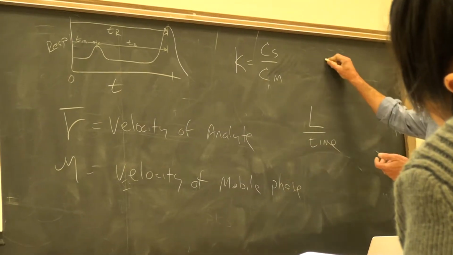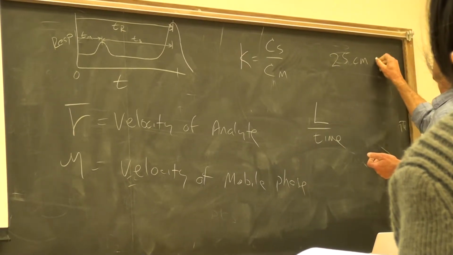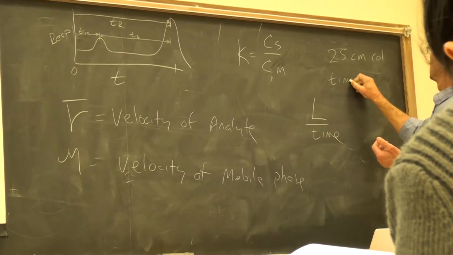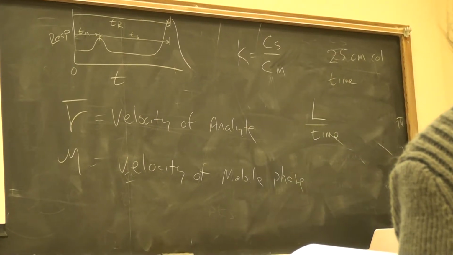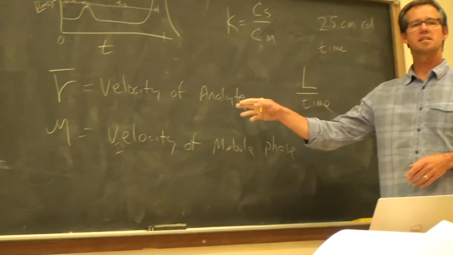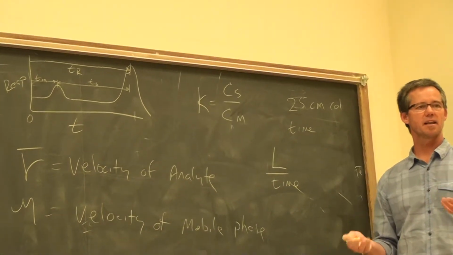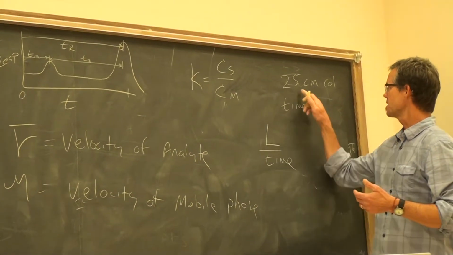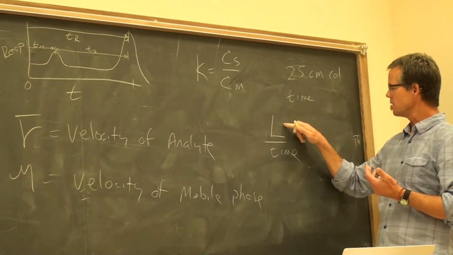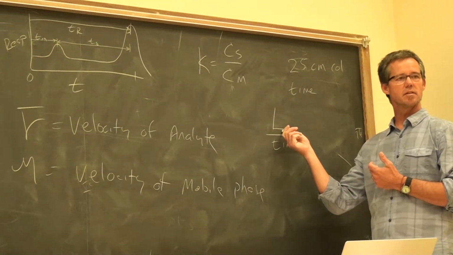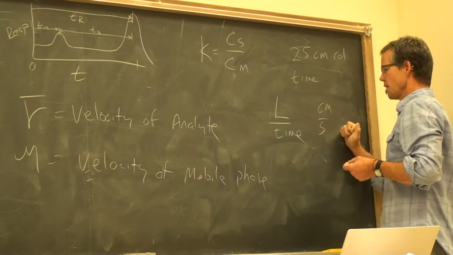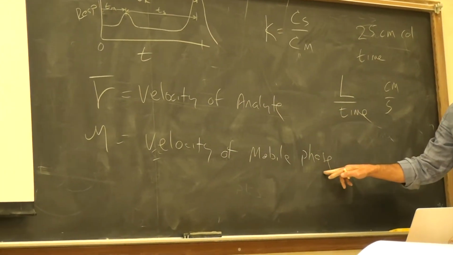So in our case, if we're using a 25 centimeter column, and we know the time for the mobile phase or for our sample to migrate through that column, we can easily calculate the centimeters per second, for example, of both our analyte and of our mobile phase, right?